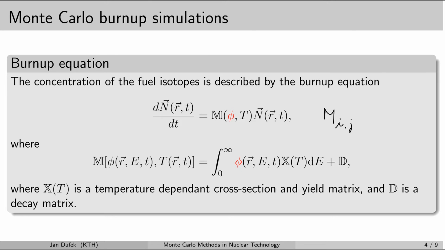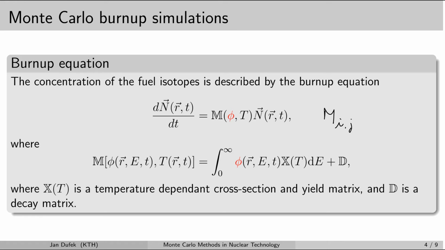So the product of the neutron flux and the cross-section and the yield matrix give us the transmutation rates caused by the absorption of neutrons, and the D matrix simply accounts for decay of different nuclides.